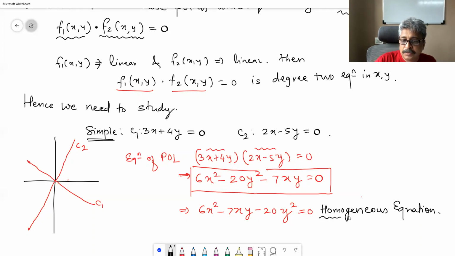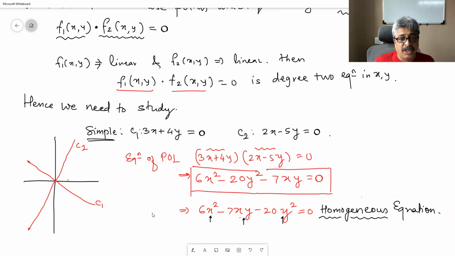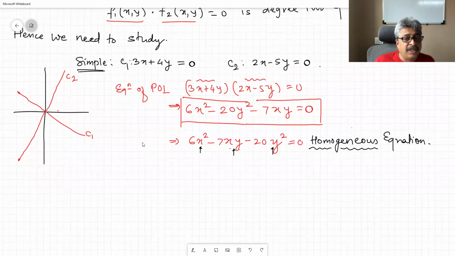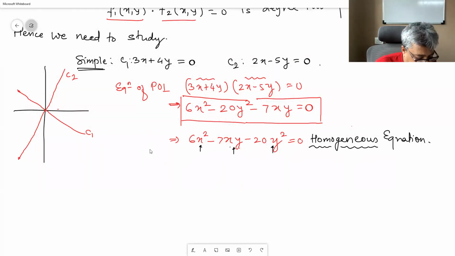Why homogeneous? Every term has degree 2. 1 plus 1, degree 2. Degree 2. And therefore, it is called homogeneous. If you end up having degree 1 terms, then it is non-homogeneous.